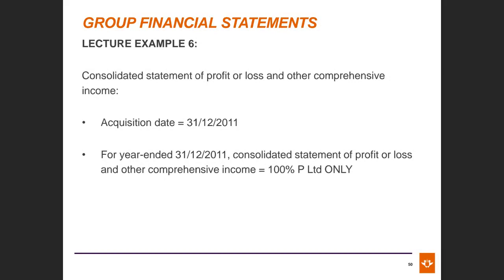So here we have a consolidated statement of profit or loss and other comprehensive income. Acquisition date 31 December 2011. For year ended 31 December 2011, consolidated statement of profit or loss and other comprehensive income equals 100% P Limited only. Hold on now. Let's just see if this is for the previous example.